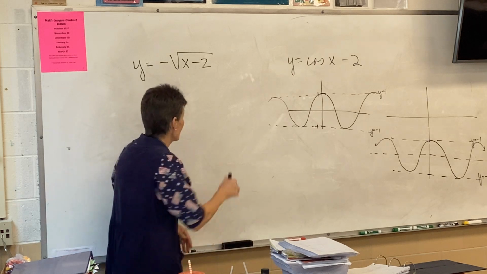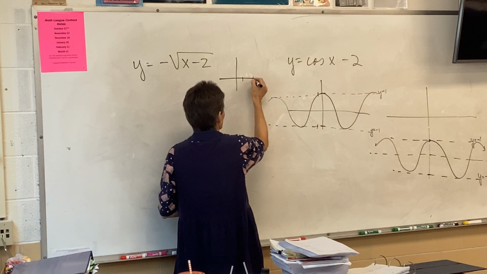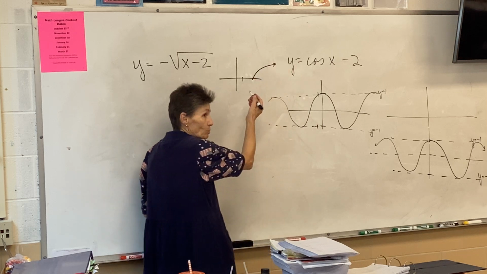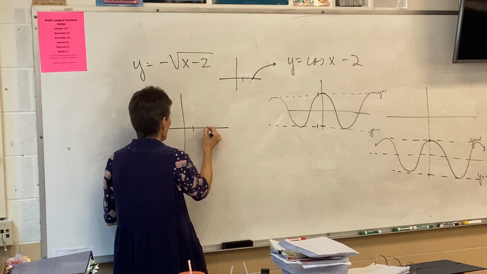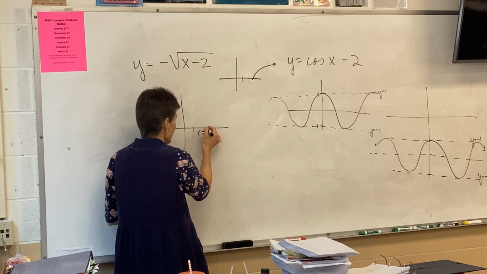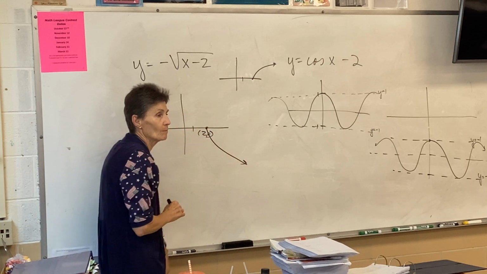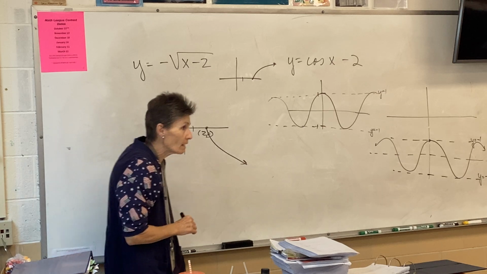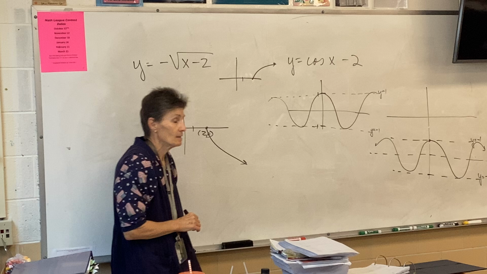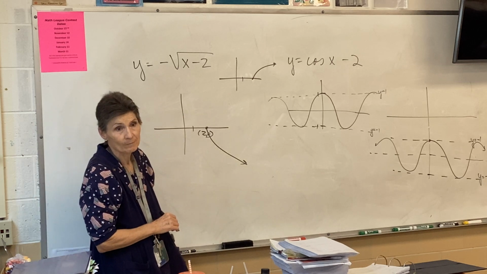Flips it. So instead of looking like that, which is what it would look like if it were positive, same point, 2, 0, but now it goes down and out. Putting a negative in front of anything is going to turn it upside down.